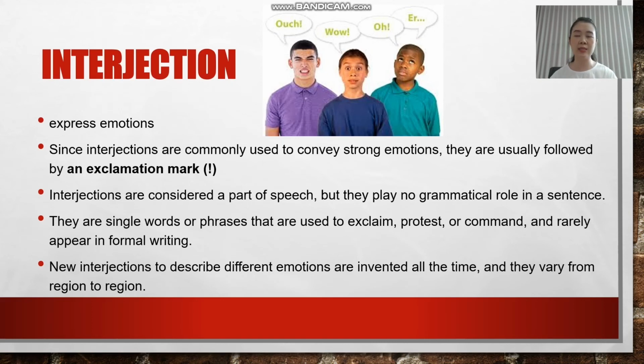We can find some of them, but only very few. And new interjections to describe different emotions are invented all the time. As you know, language is always changing, right? And they vary from region to region.